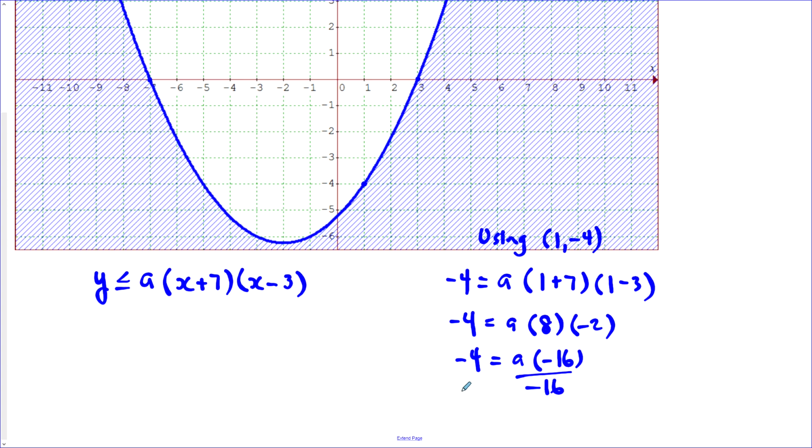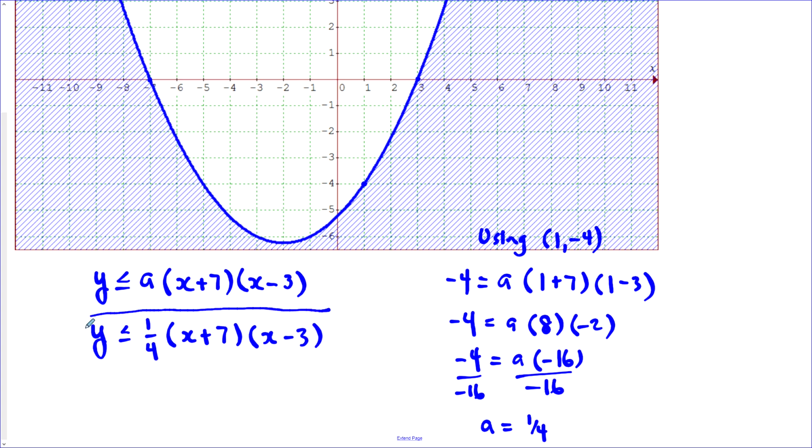Divide both sides by -16. Looks like a is 1/4. So we come back here and we use that a value in the inequality, 1/4 or 0.25 if you prefer. And there is our inequality that's shown on this graph.